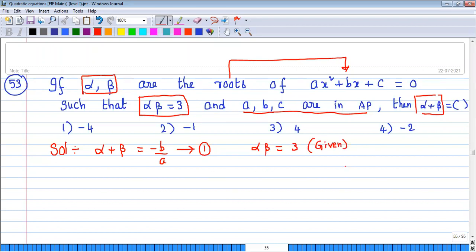And a comma b comma c are in arithmetic progression. Since they are in arithmetic progression, second term minus first term, b minus a, is equal to third term minus second term, the common difference must be same. So c minus b. That means here 2b is equal to a plus c.